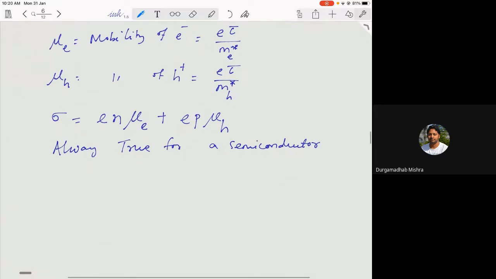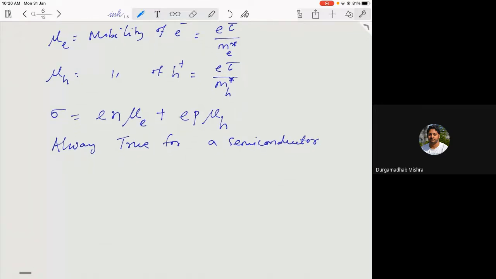One thing which we are assuming here is it's like a classical free electron model. So we are not using a quantum mechanical formulation where we saw a different result in case of metal.